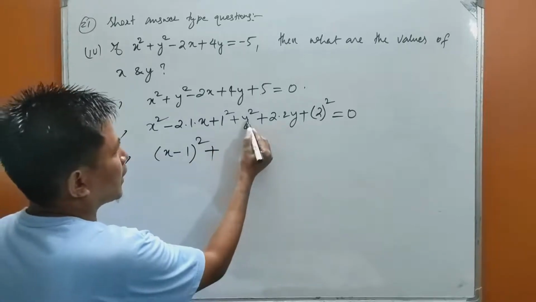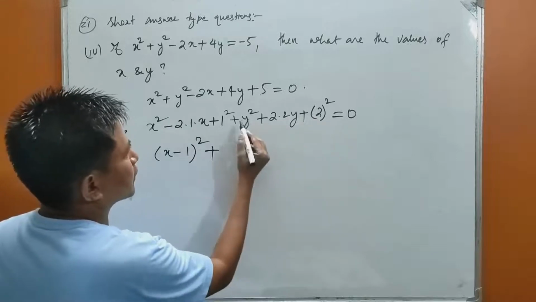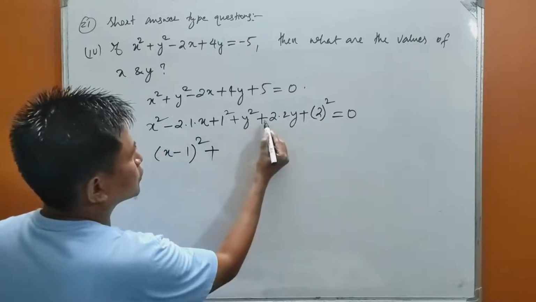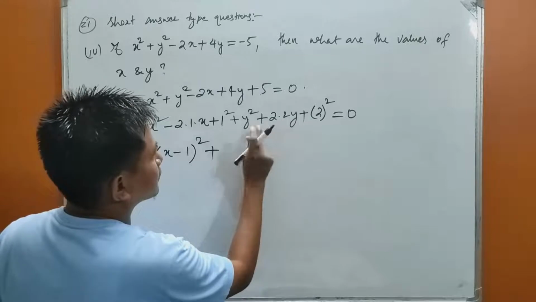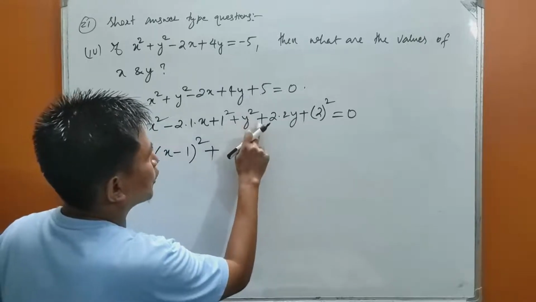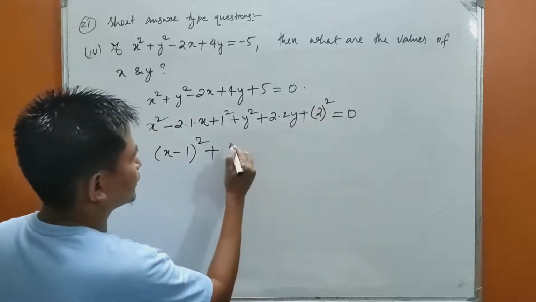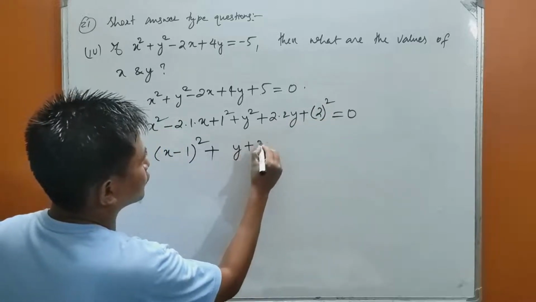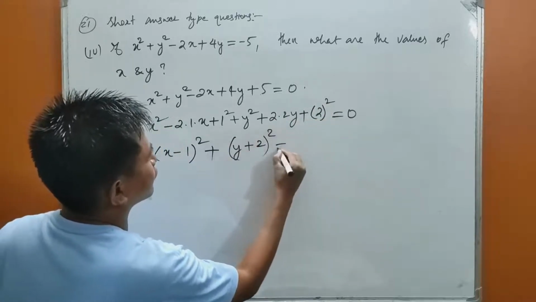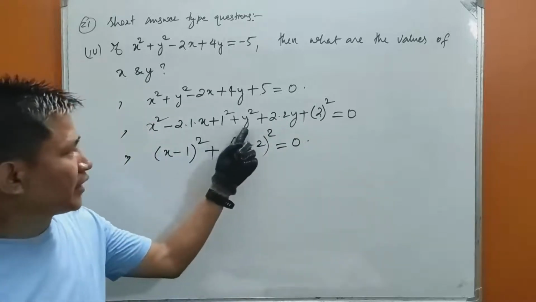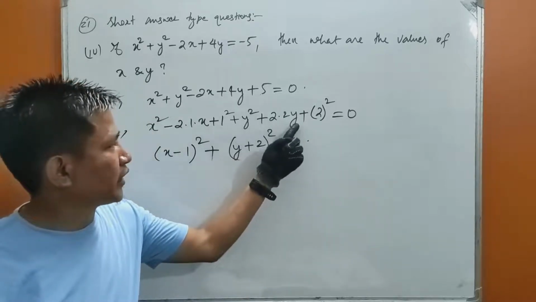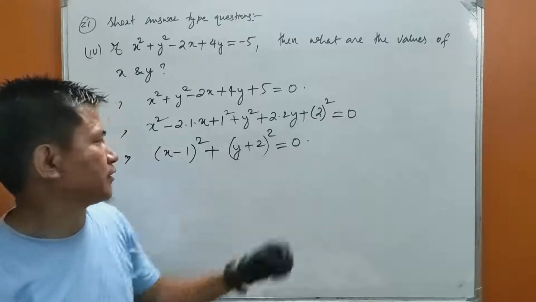Now again, a is y and 2 is b, okay? A square plus 2ab plus b square, isn't it? This is y plus 2 whole square equals to 0. Are you getting me? A square plus 2ab plus b square.